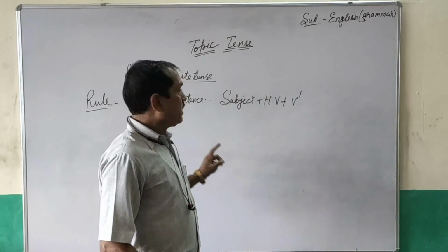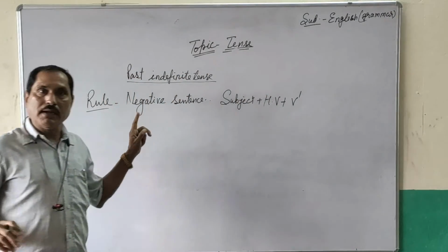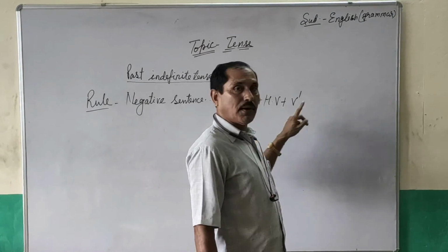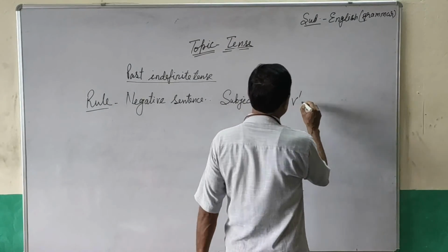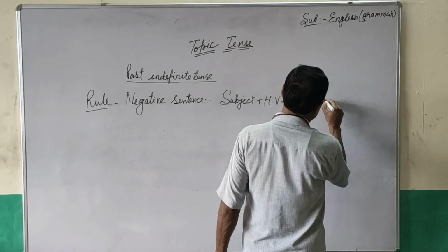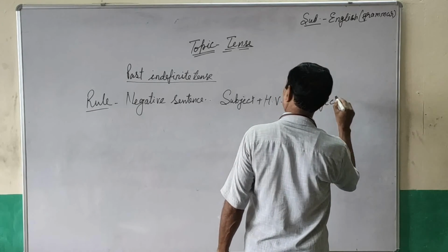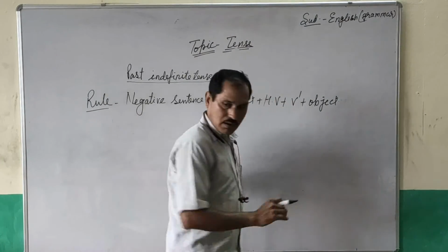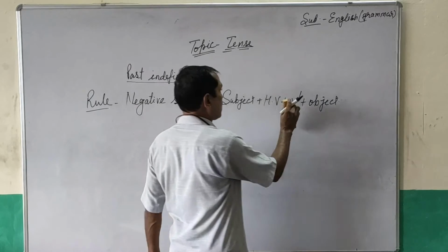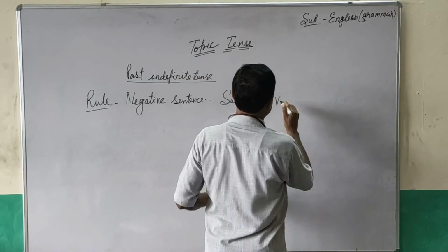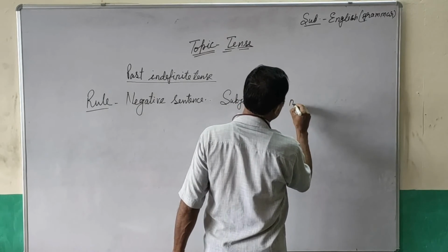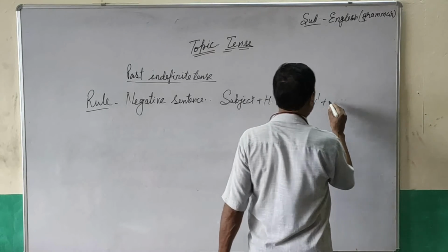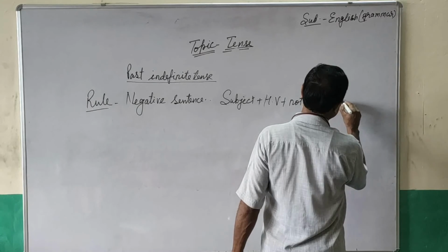If we use did as the helping verb in the past indefinite, then we use the main verb in its first form. I forgot to write not. Subject plus helping verb plus not plus first form of the verb plus object.